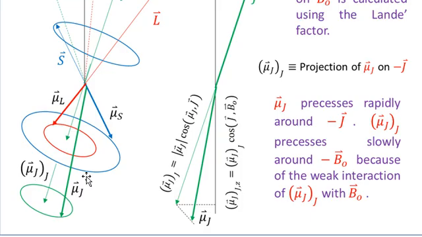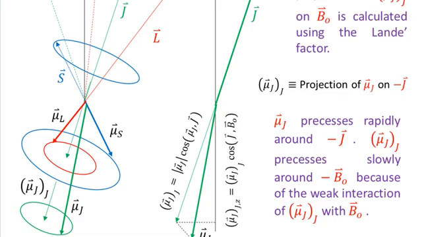Now let me talk about another vector which is mu j. In the previous page I said that mu j is not anti-parallel with j. That is, mu j and vector j are oppositely directed, but they are not anti-parallel.